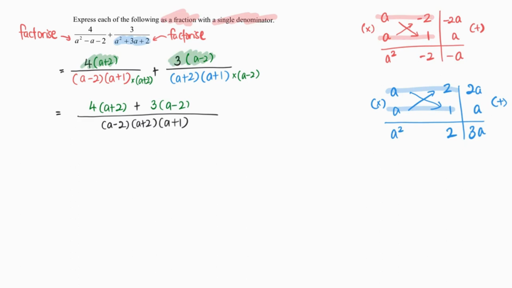And finally, I'm going to expand and simplify the numerator. For a, 4 times 2, positive 8, 3 times a, positive 3a, 3 times negative 2 is negative 6, and continue to simplify, and you will get the final answer.